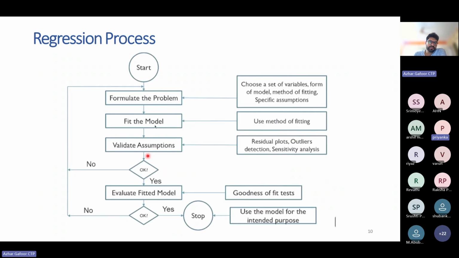If the results are not satisfying, then we'll have to go back and formulate the problem in a different way, or change the independent variables and all those things. Or we have to change the model itself. In the last class we used different models and we got different results.